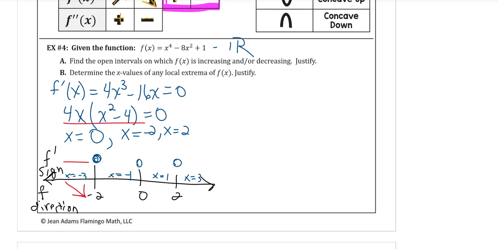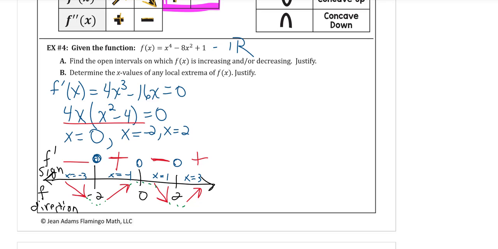So I have a negative times a negative, and I'll have a positive number. So that means that the function has changed directions and is going up. Next, at 1, I'm going to have a positive times a negative because I'll have 1 minus 4. So that'll become negative, and that's going down again. And then at 3, I have a positive times a positive, so I get a positive. And so if we wanted to, we can see where our extrema are. We can see we have a minimum there, a maximum, and another minimum.